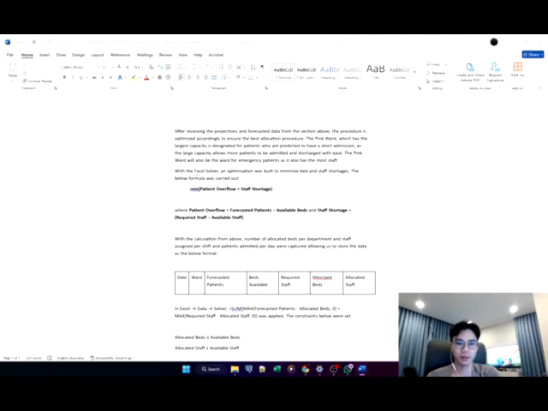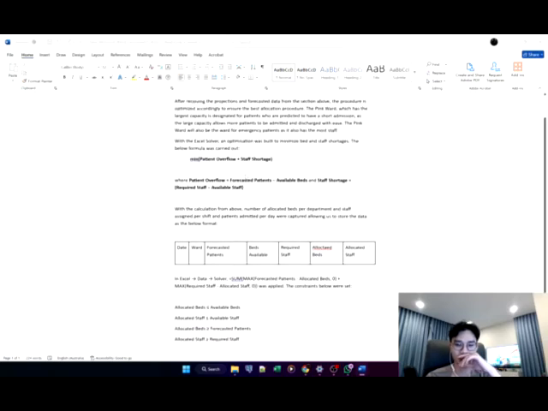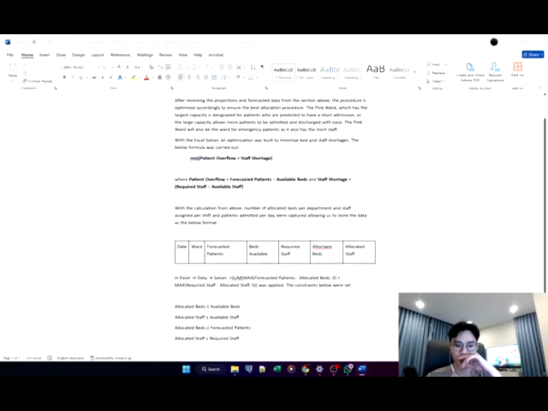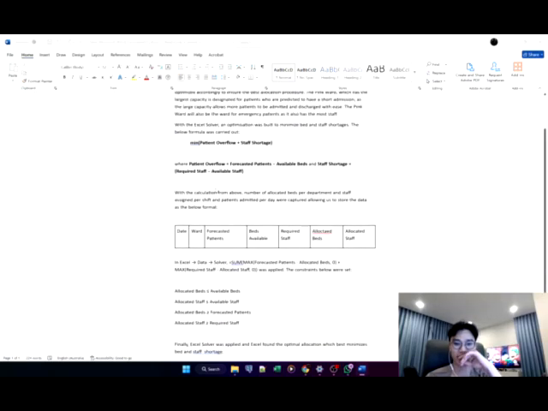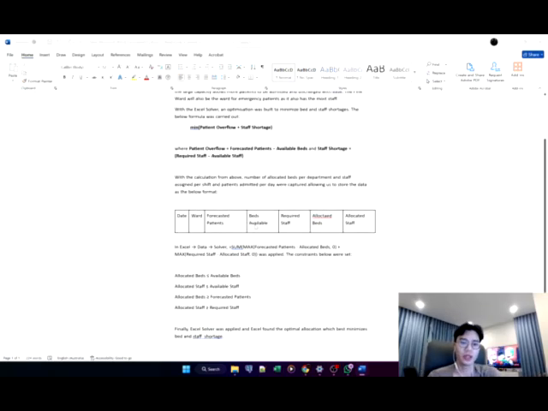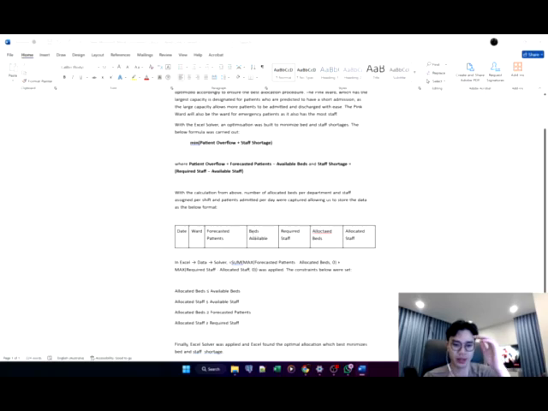I did this using Excel Solver, which essentially allocates the beds and the staff for you, and this is really good for a small to medium sized hospital. If it's bigger, then we're going to have to use Python or a more dynamic machine learning model.